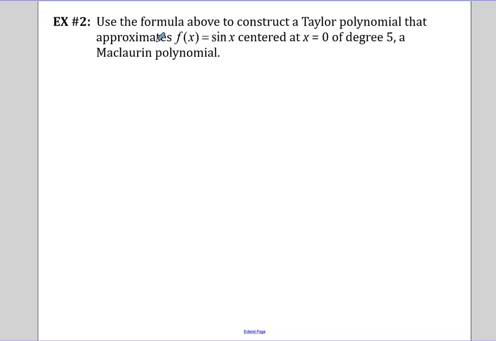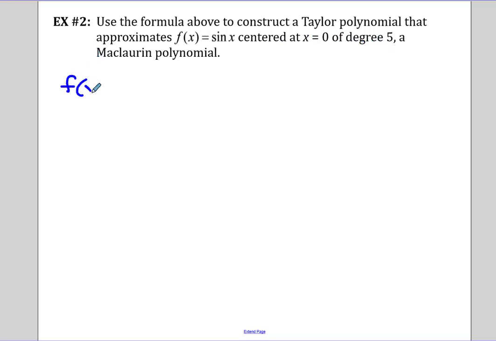Example 2, we want to use the formula above to construct a Taylor polynomial that approximates f of x equals sine of x, centered at x equals 0, and it needs to be a 5th degree Maclaurin polynomial.